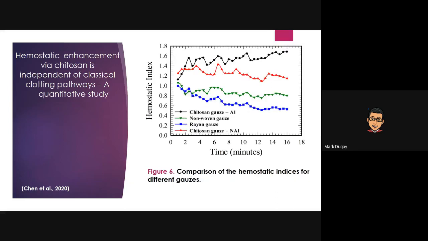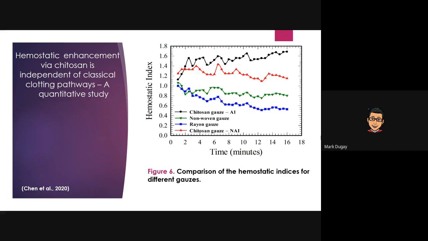Figure 6 shows the comparison of the hemostatic indices for different gauzes. The hemostatic index for different gauzes can be calculated as the quotient of the pressure drop across a given gauze and the pressure drop across the cotton gauze. A gauze is better than the standard cotton gauze if the hemostatic index is greater than 1.